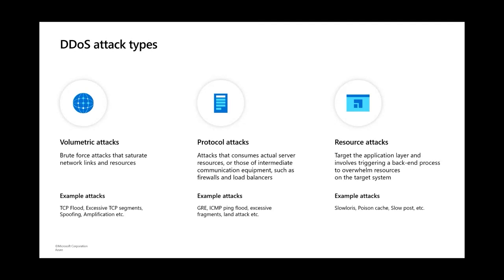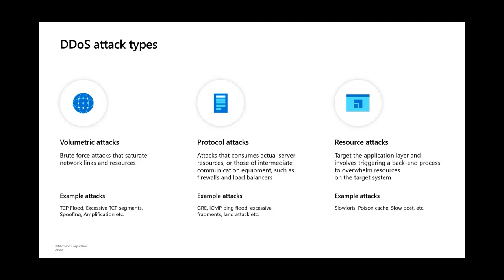It creates such a high quantity of traffic that it can completely block access to the end system, like for example a website or any other service. These attacks are measured in bits or packets per second. Some examples are ICMP flood, IPsec flood, or UDP flood.